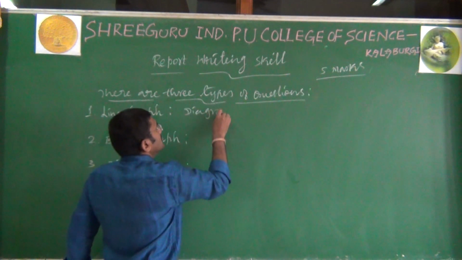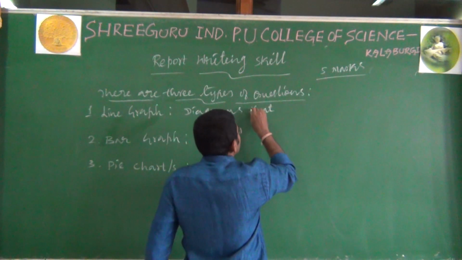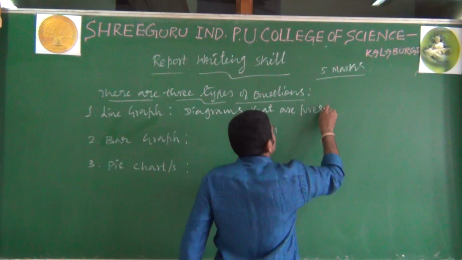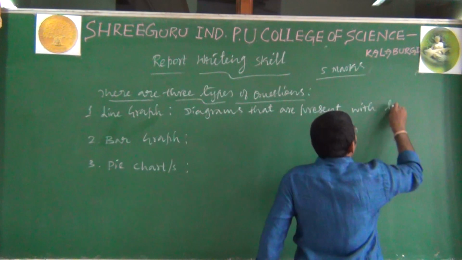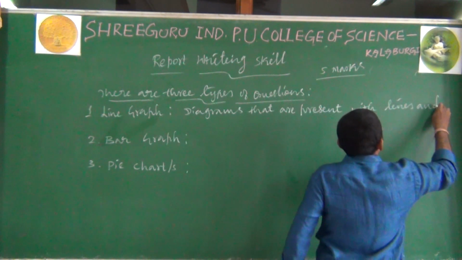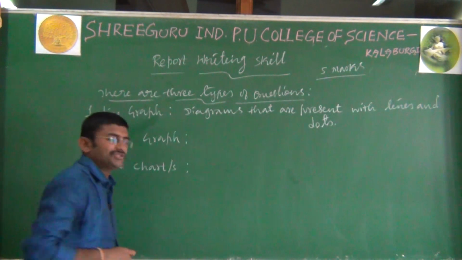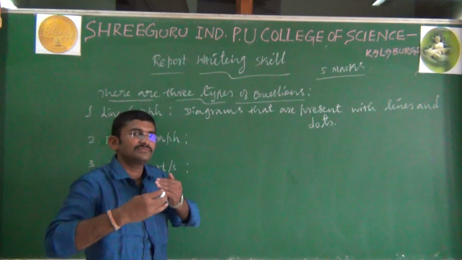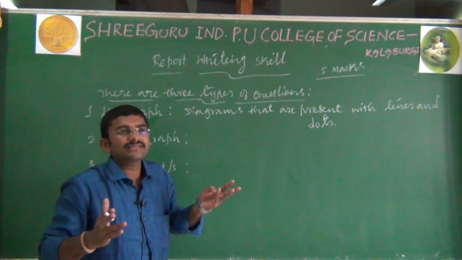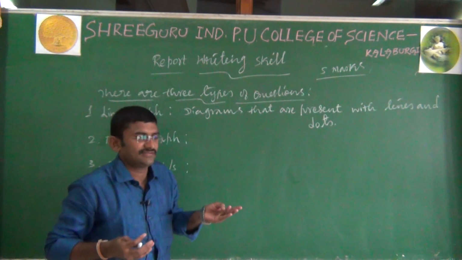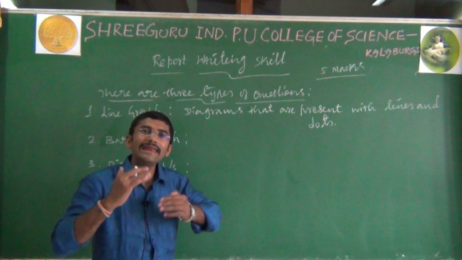Here we find diagrams with lines and dots, through which we come across information belonging to different areas. It might be science, business, commerce, trade, literature, or any other areas.